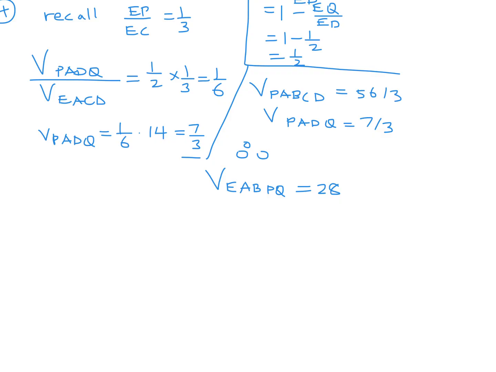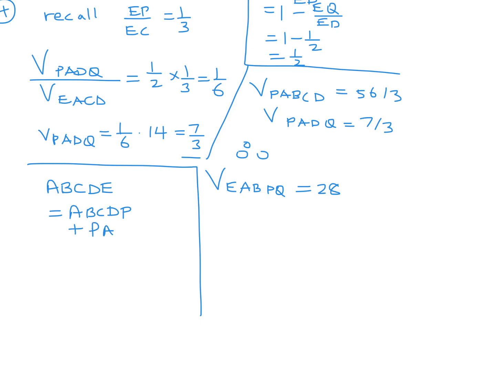Write that out again, actually, on the side, just to refresh your memory, that the total A, B, C, D, E was equal to A, B, C, D, P plus PAQD plus EABPQ. So we're trying to figure this out, so that's why I isolated it.